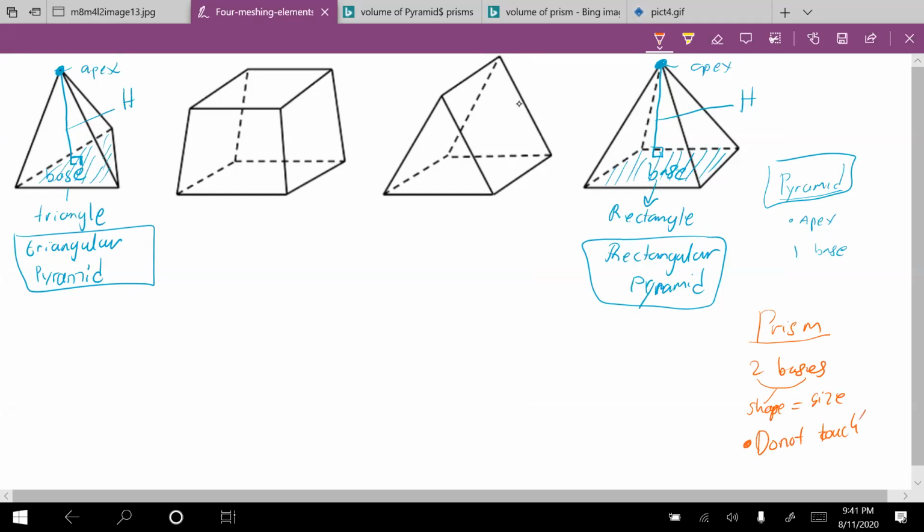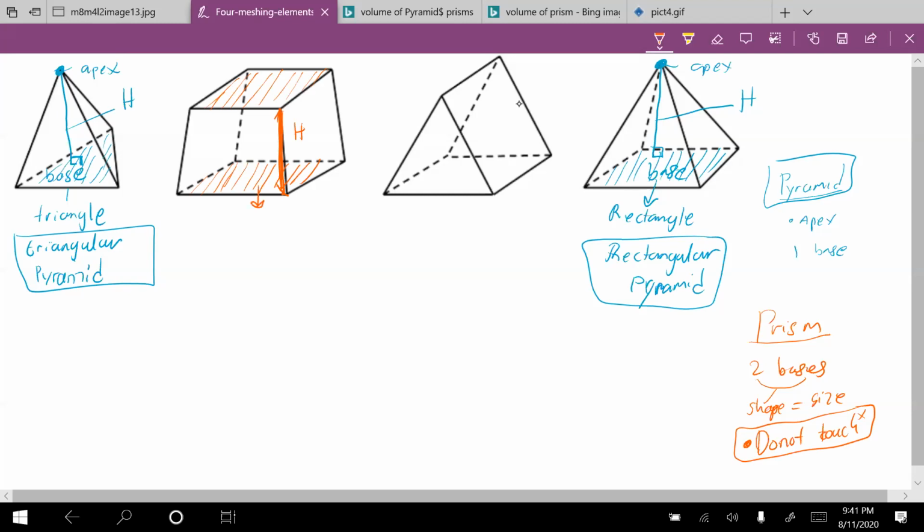Remember this, do not forget this. The two bases do not touch. So we can tell there's no apex between these two figures. If we choose the bottom to be the base, then the top will be the other base. Remember, they do not touch and they have the same shape. And the height will be the distance between the two bases.